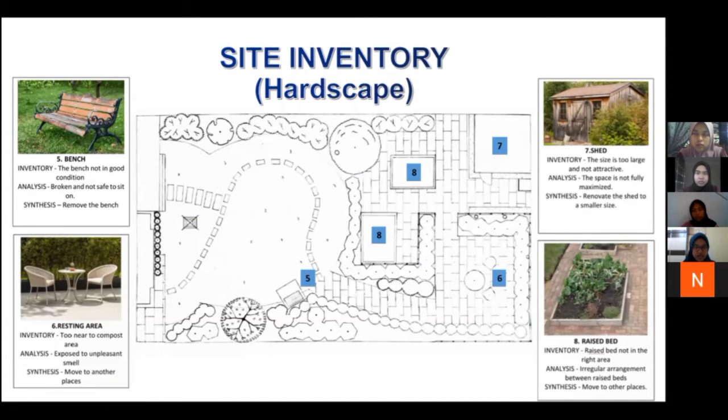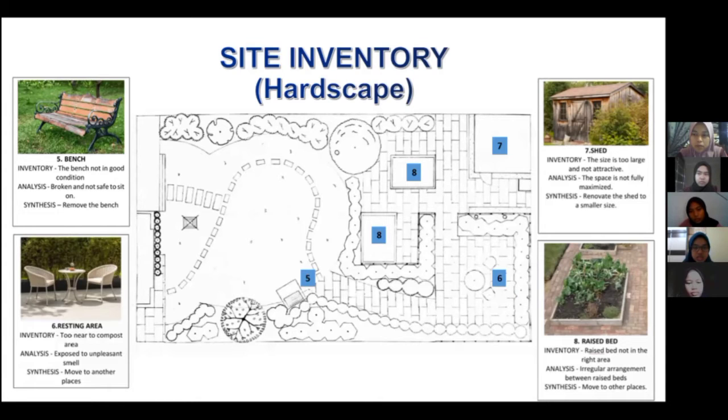The fifth hardscape element is the bench. It is broken, so we decide to remove it. We also have a resting area which is too near to the compost area, and it is exposed to an unpleasant smell, so we are planning to move it to another place. There is also a shed at the right corner, which is too large, so it is not fully maximized.